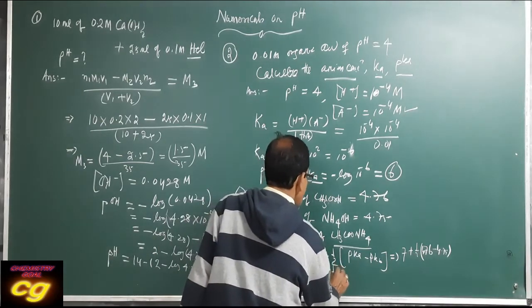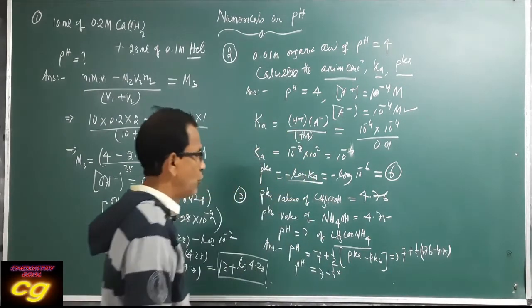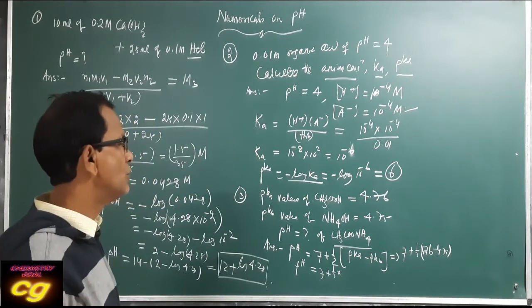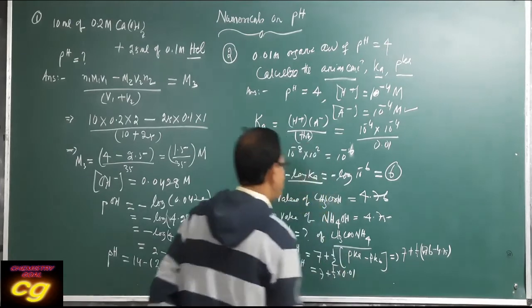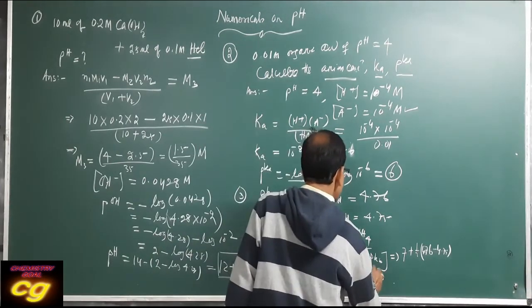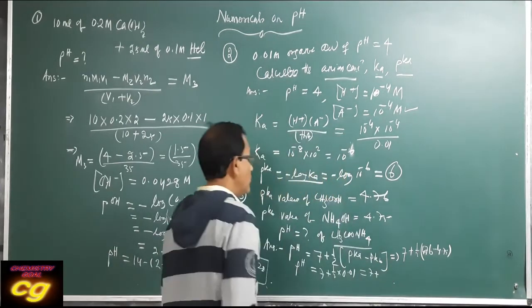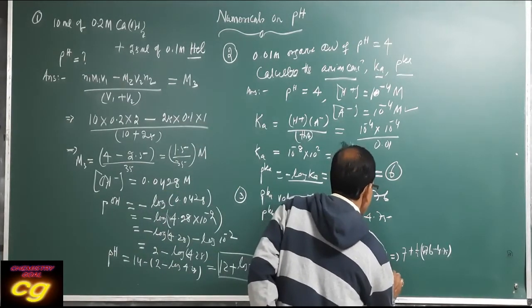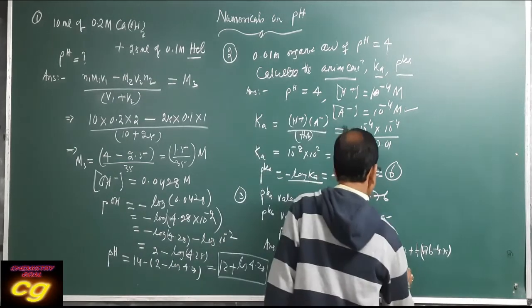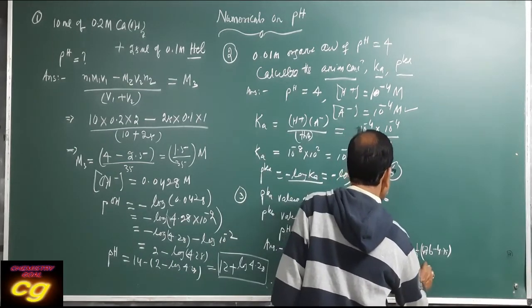7 plus half into 0.01. That result is equal to 7 plus 0.05, which is equal to 7.05.